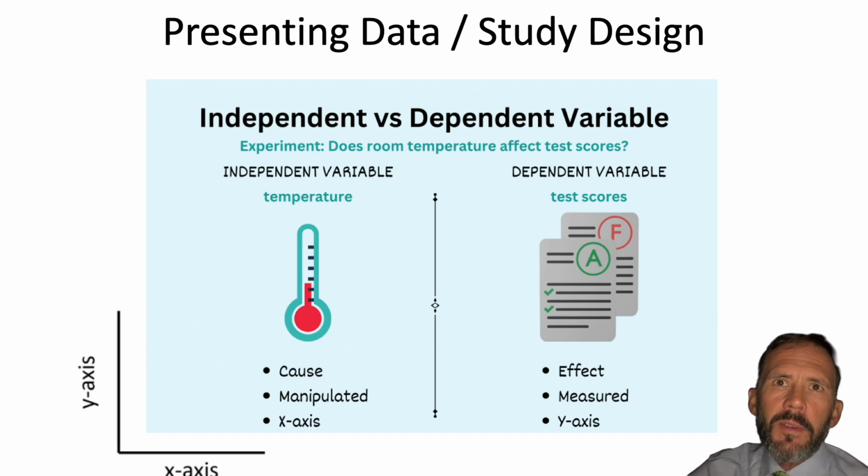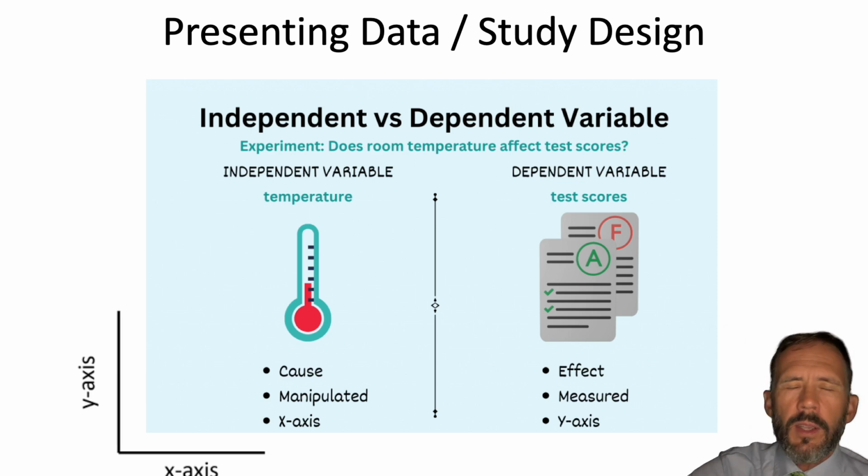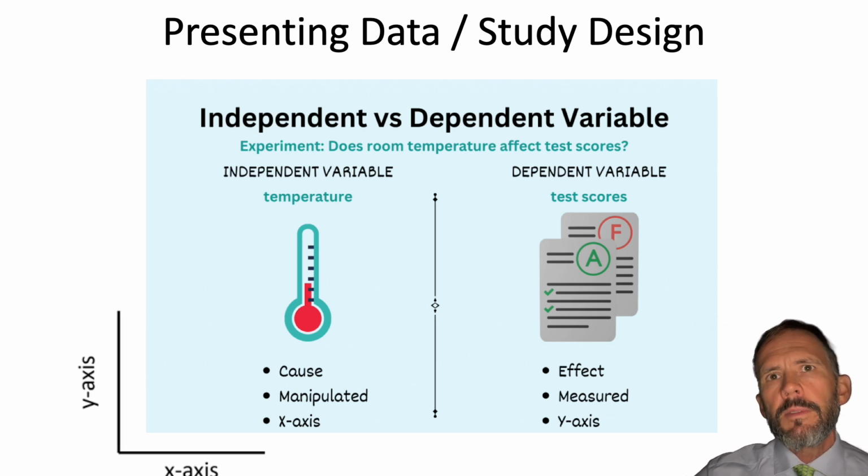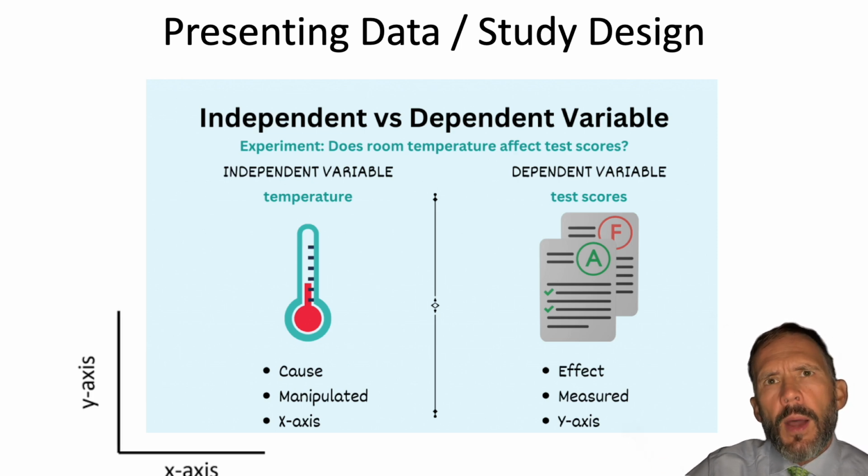So these are the types of bits of content and possible questions you might encounter that you don't want to have to struggle to remember or puzzle through during the exam with the added pressure of time. So a reminder, right? With a well-designed study, you generally have something that changes, and you've orchestrated that within the experiment. That's part of the plan. And then you're measuring some sort of an effect or an outcome of that variation.